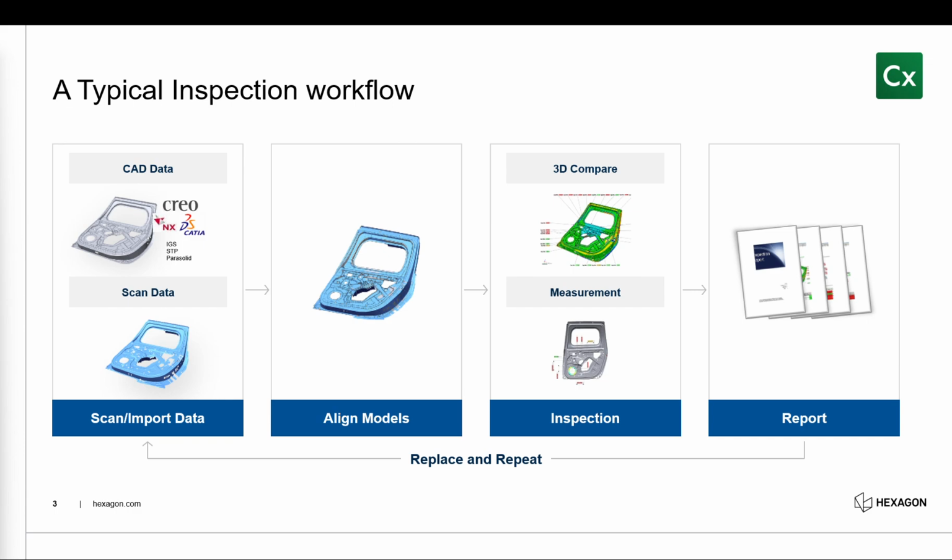Once we've got those two, a reference and a measured, we align the models together and then perform our inspection program. Now, if this is the second or third time that we are doing this inspection, we just need to hit regenerate and then we have an inspection report. But if this is the first time we're making an inspection template for this given part number, we will need to add 3D comparisons, 2D comparisons, and then real dimensions as well.